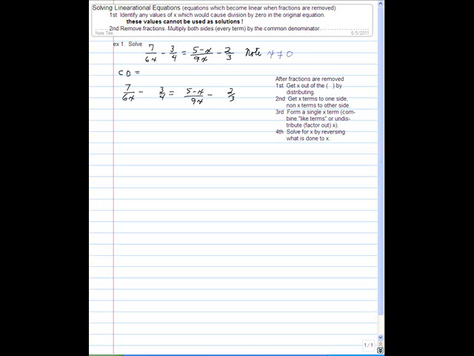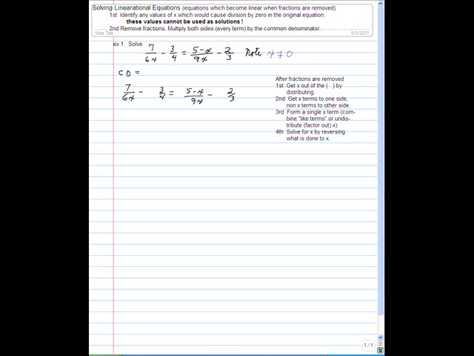3 will divide 9, but 6 won't. So 9 is not the common denominator, so we go to 18, that's 2 times 9. We see that 3 will divide 18 and 6 will divide 18, but 4 won't.